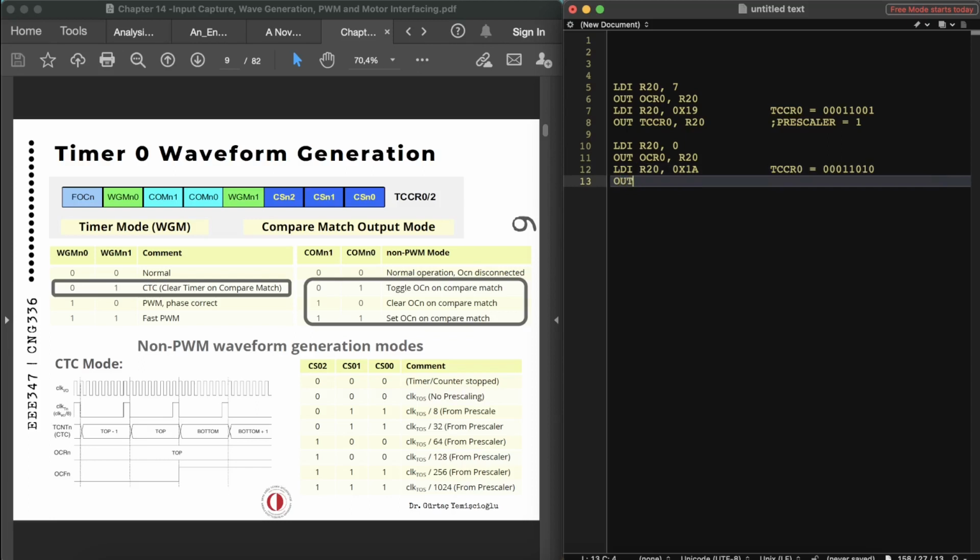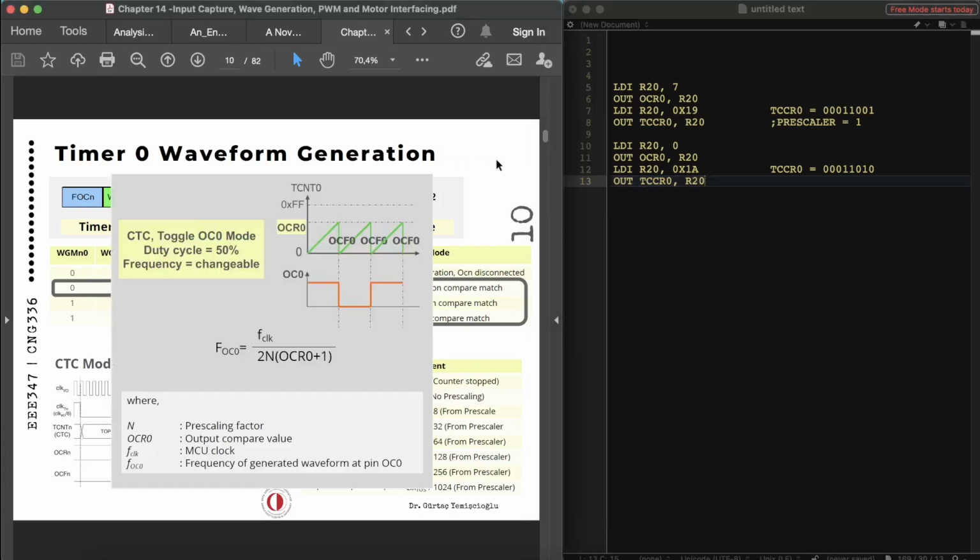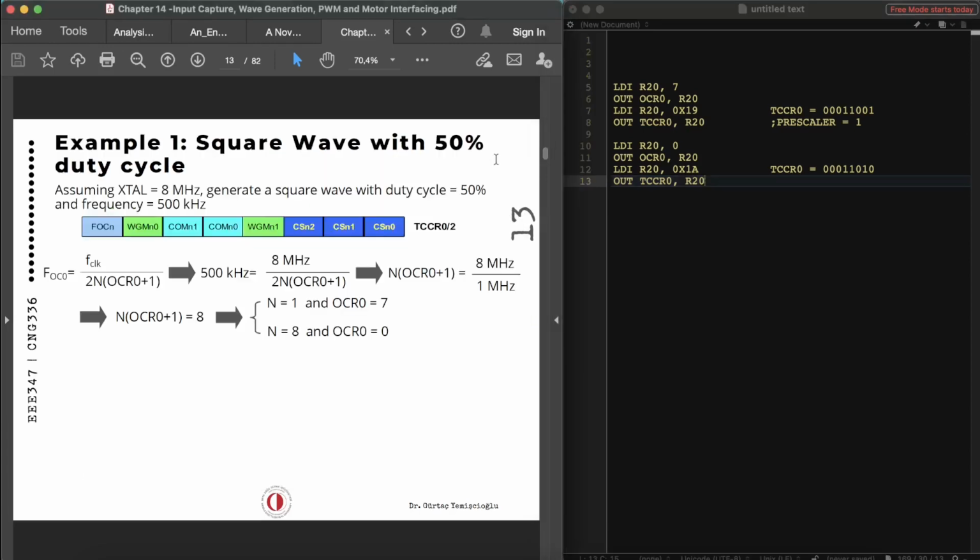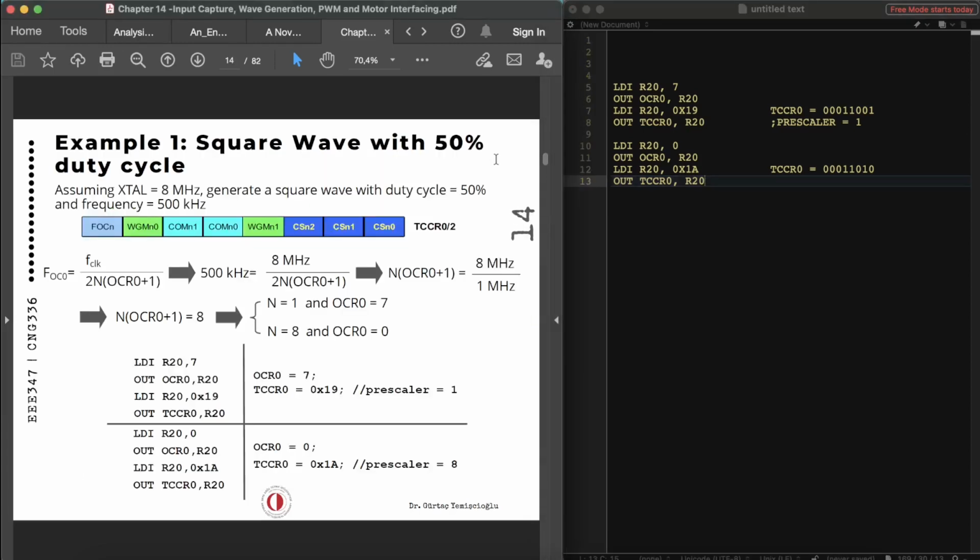And we can say out TCCR0, it's going to be R20. That's it. So we have got the sets and we have set the numbers for TCCR and OCR0 accordingly. And that's what we get. Okay, so we can have a few more examples related to these.